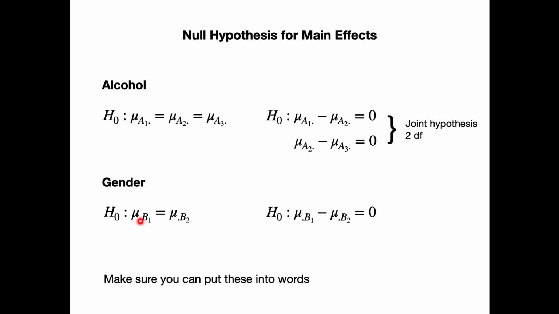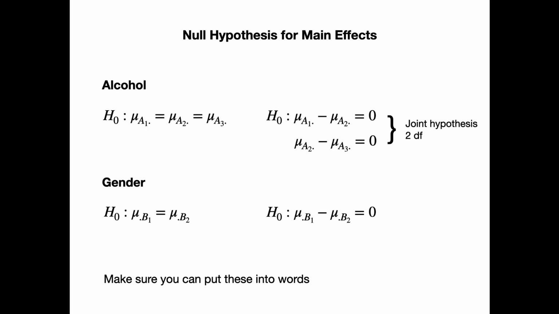We might say the men versus women marginal means are the same, or another way of saying that is any difference between men's and women's means is 0. Now with alcohol, we'd say that all the marginal means are equal to one another. So the marginal means for 1, 2, and 3 don't differ at all, and this would be no drinking, 2 pints, 4 pints.